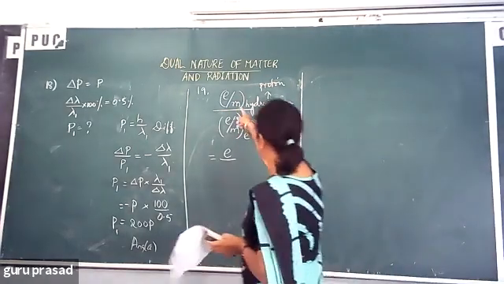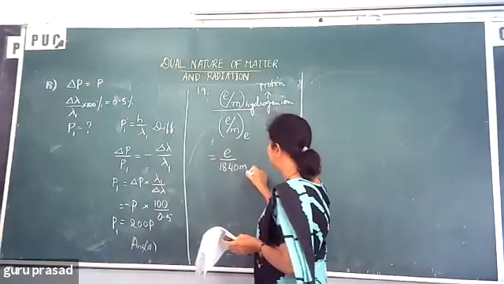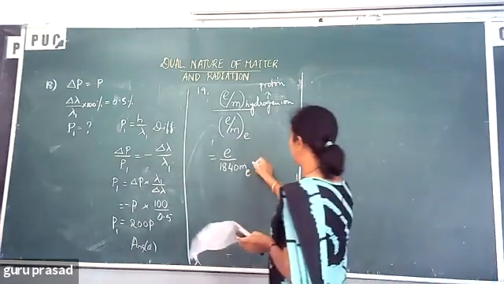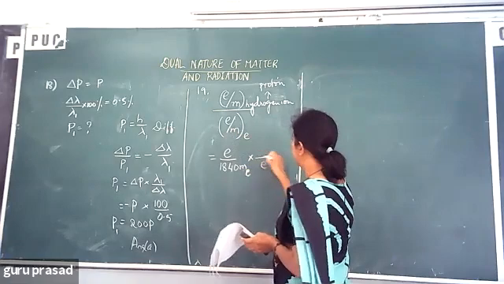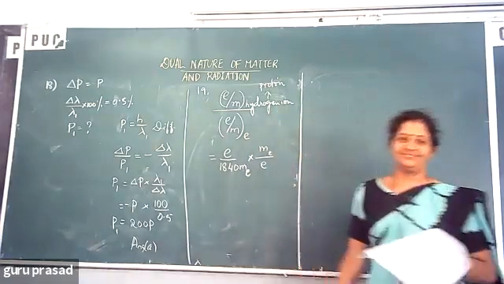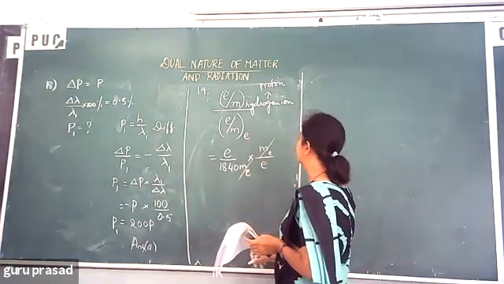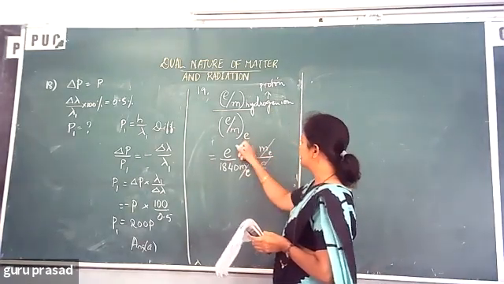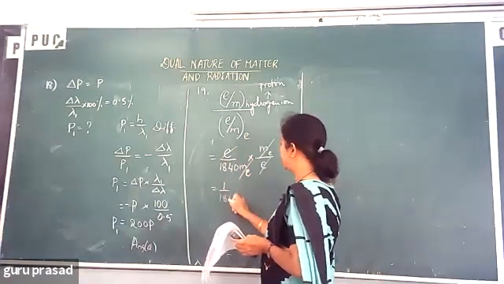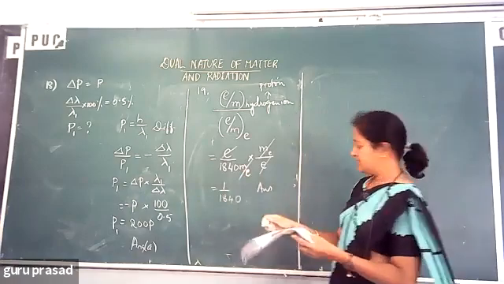So the mass of the proton is 1840 times the mass of the electron. I will write this e here, then the mass of the electron goes to the numerator, I will write it as me. Now this me, mass of electron, cancels. The charge of the electron and the charge of the proton cancel. What you get is 1 by 1840. So its answer, which one is the option? It is option B.